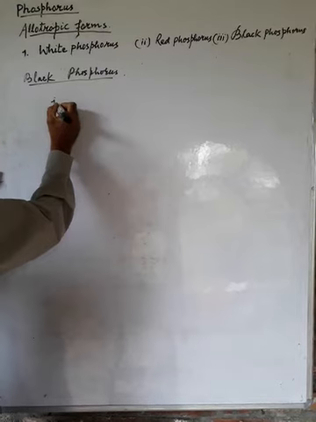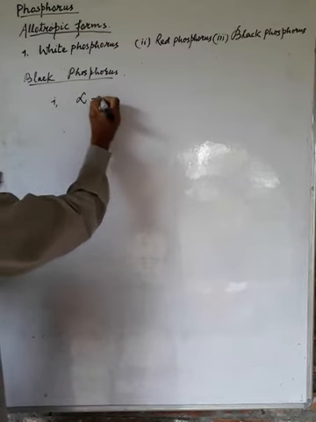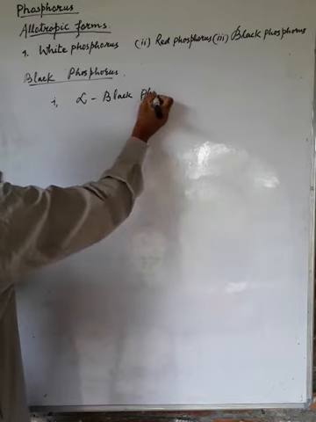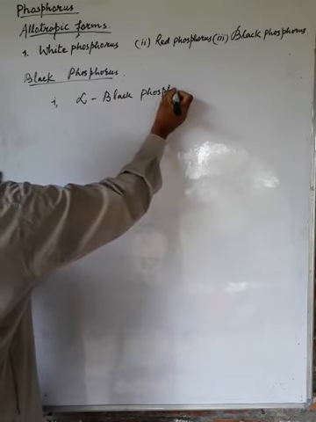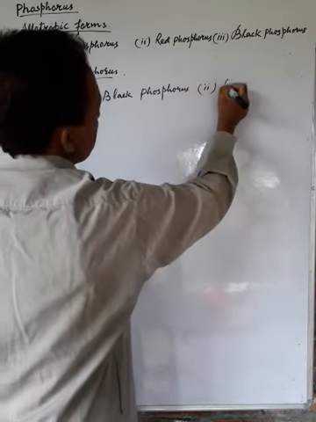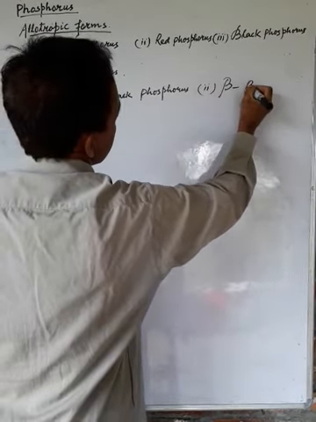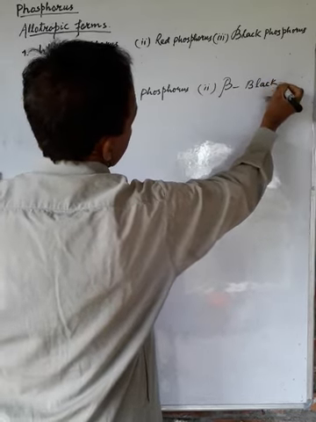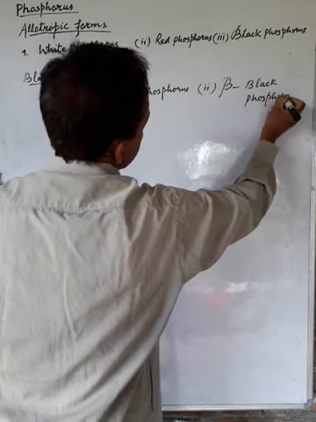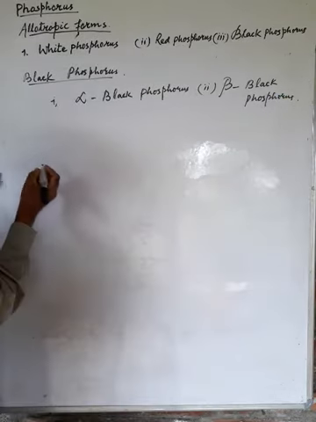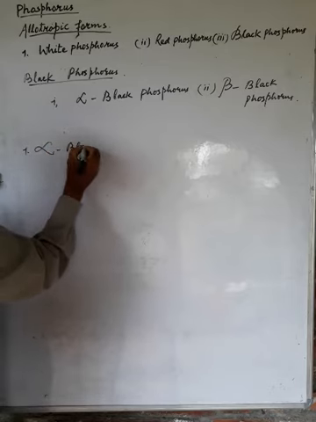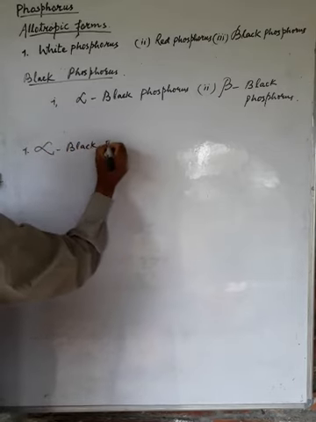Number one is alpha black phosphorus. Number two is beta black phosphorus. Now first we will take alpha black phosphorus.